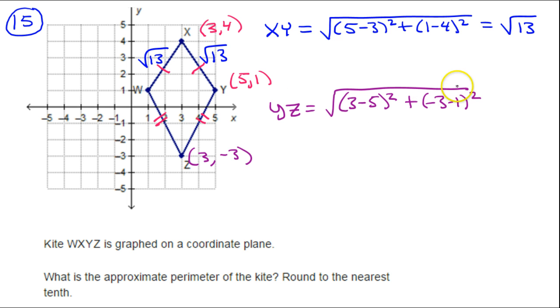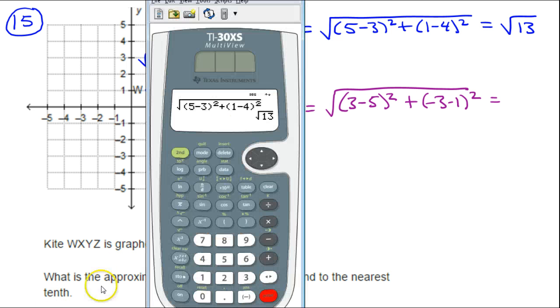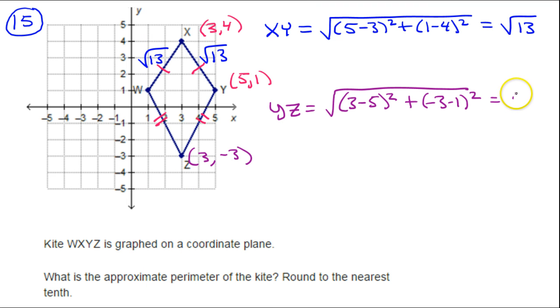Alright, y minus y. Alright, let's see what that gets us. Okay, that's giving us 2 radical 5.